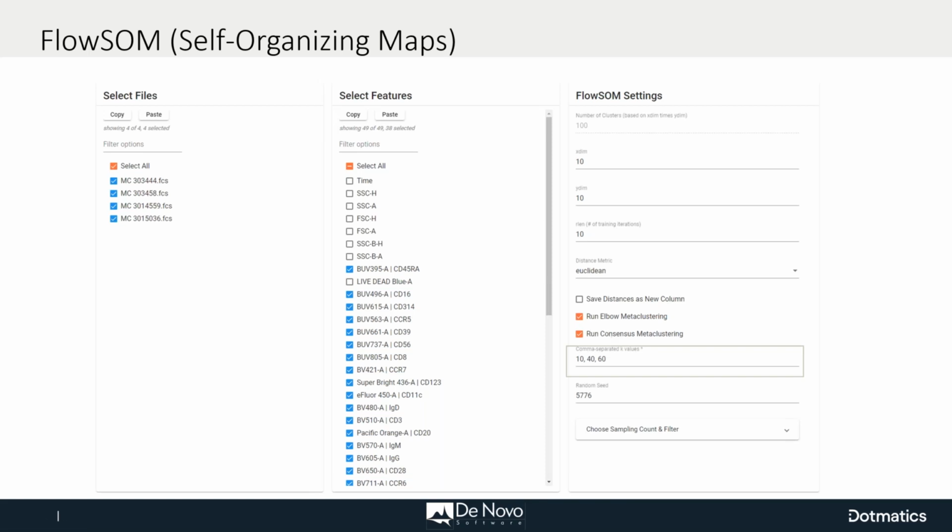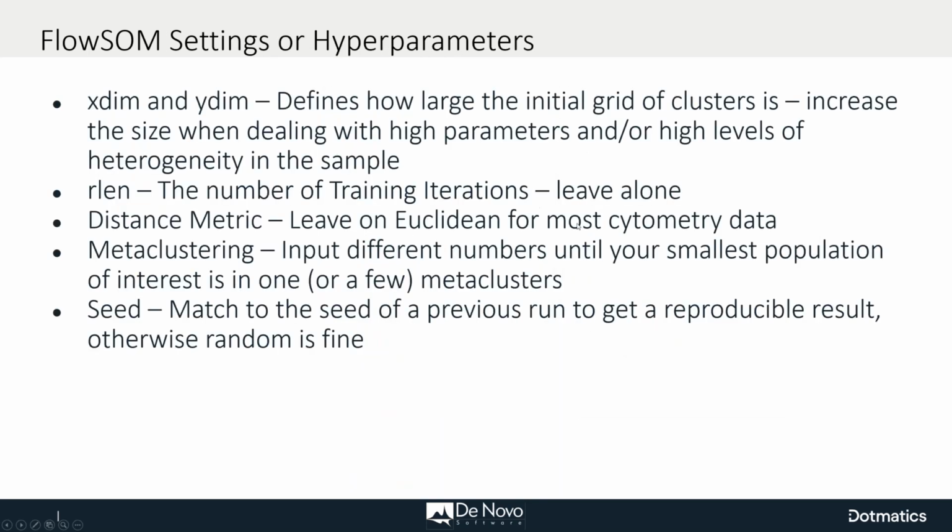And this is not a solved problem. Phenograph doesn't require you to input a hard number here, but there's still a neighbor number that you can change. But SPADE and FlowSOM and many other clustering algorithms from across the board still require you to put in the desired number of meta clusters. And so my guidance here is basically have a smallest population of interest in mind.